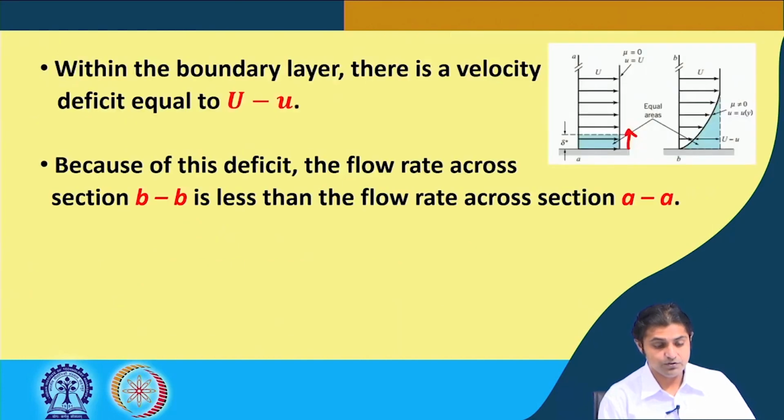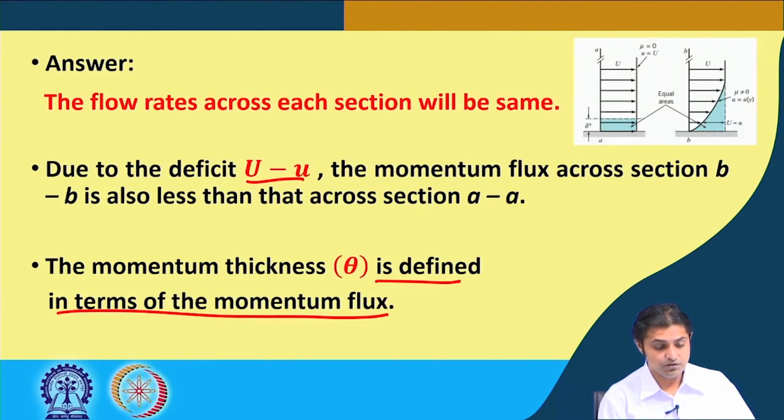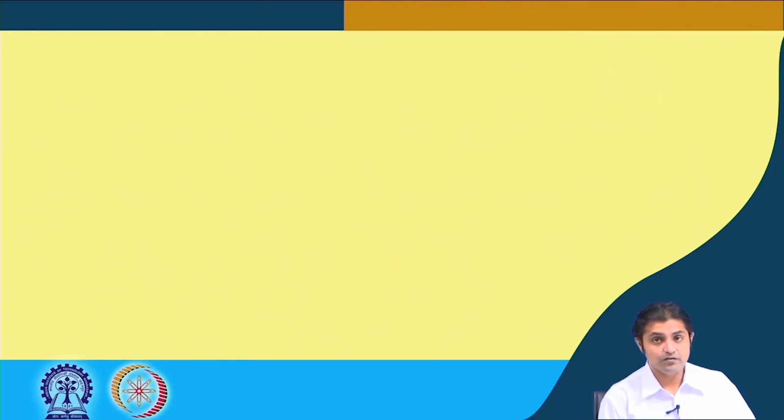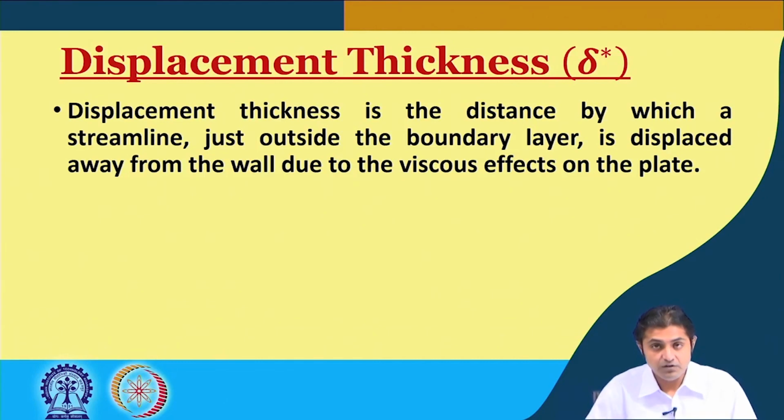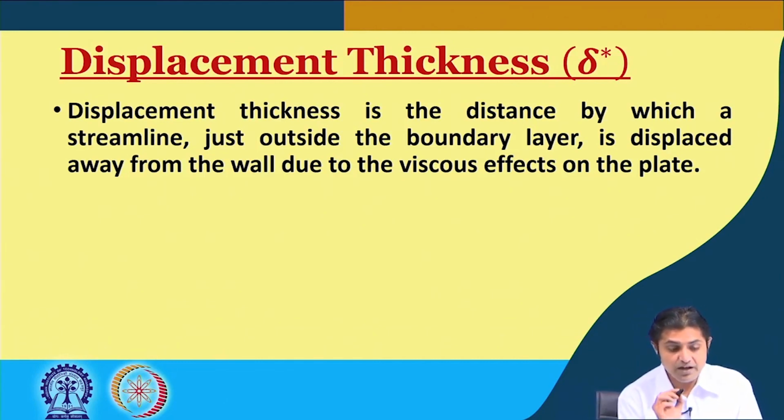Now, what we are going to do is derive the displacement thickness. First, the definition: displacement thickness is the distance by which a streamline just outside the boundary layer is displaced away from the wall due to viscous effects on the plate, as we have seen in the last slide, an answer to the question which we started the lecture with.